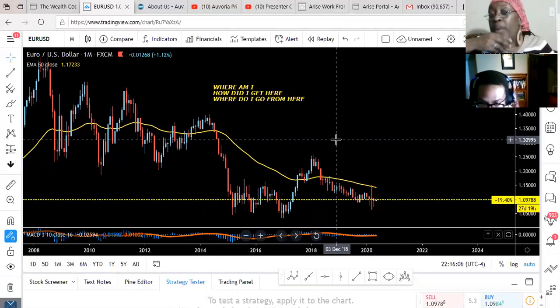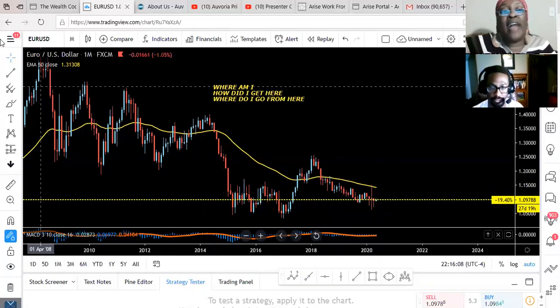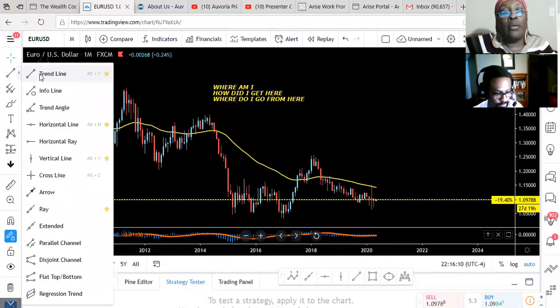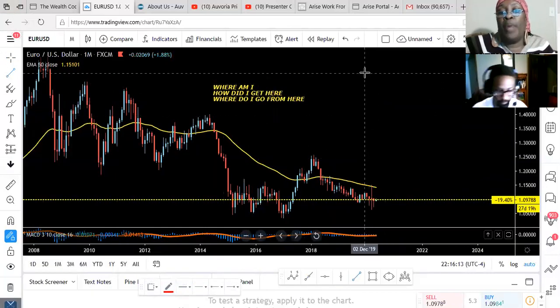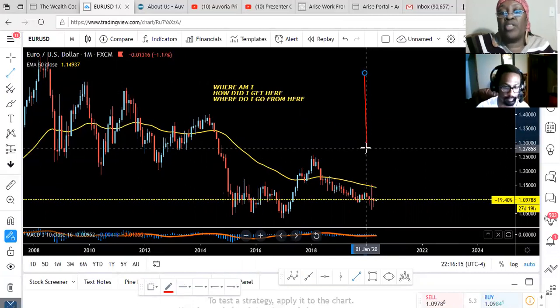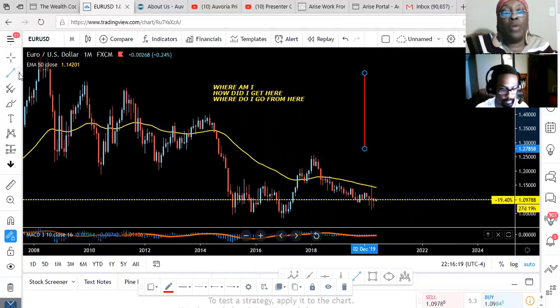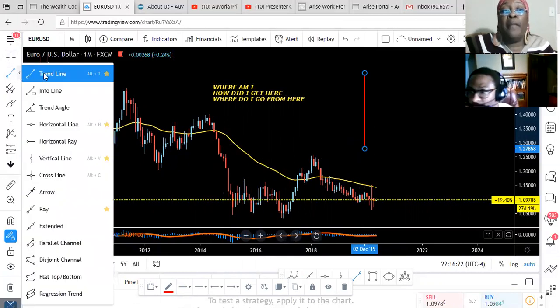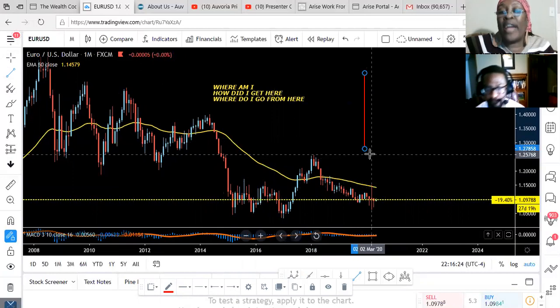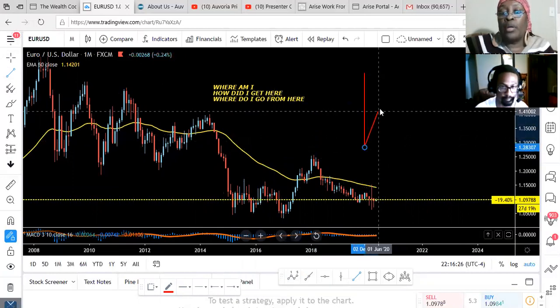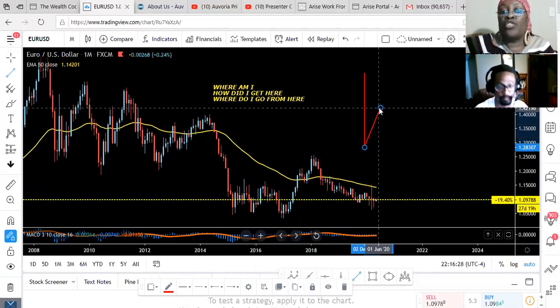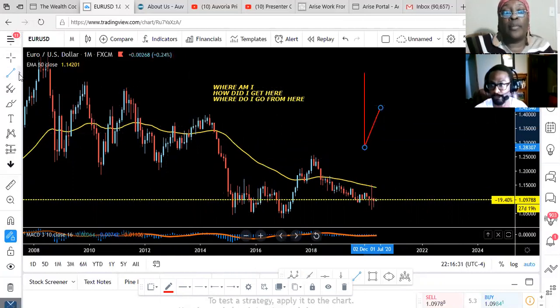Now, the reason it's important that you know that is because price moves in 3 directions. An impulse, whether it's a bearish impulse, meaning downtrend, or a bullish impulse. Now, the impulse is in the direction of the trend. So you see why it's important that you know what the trend is. The impulse is in the direction of the trend, always.